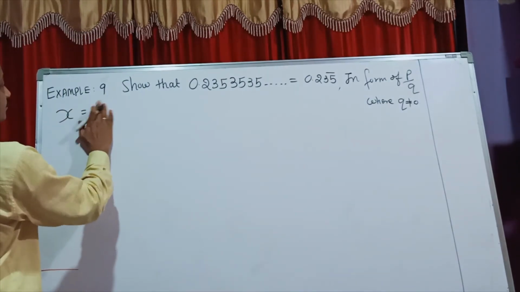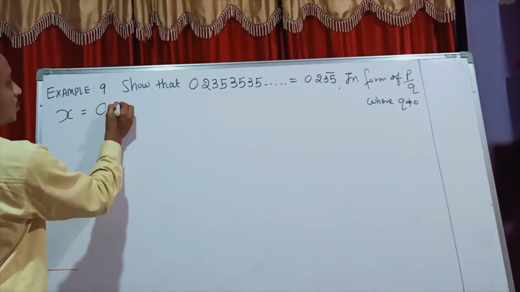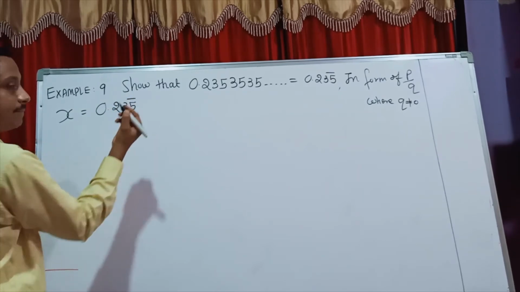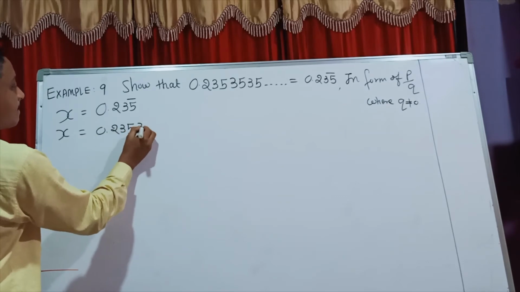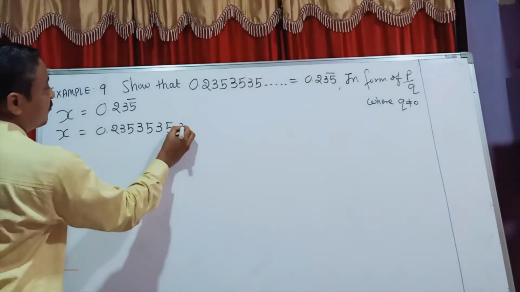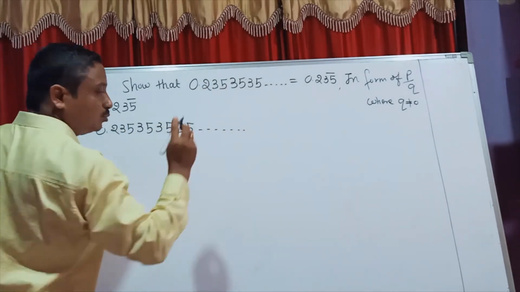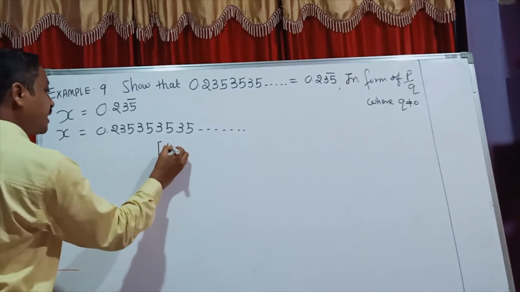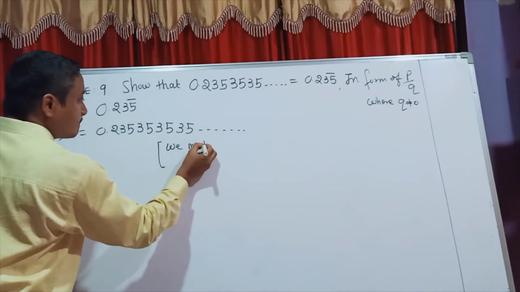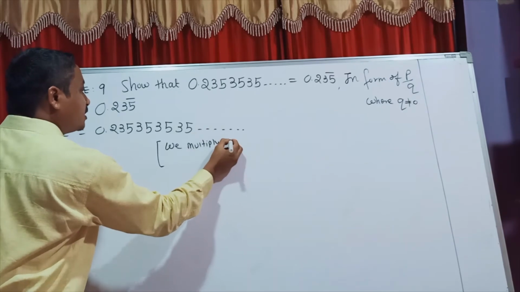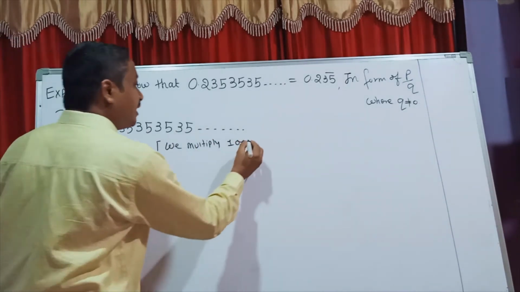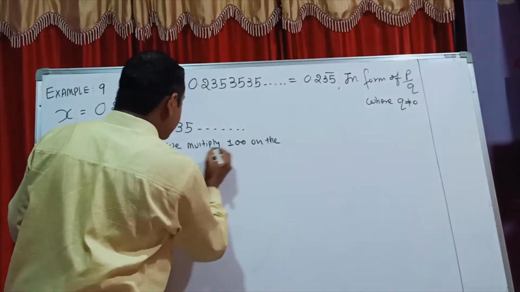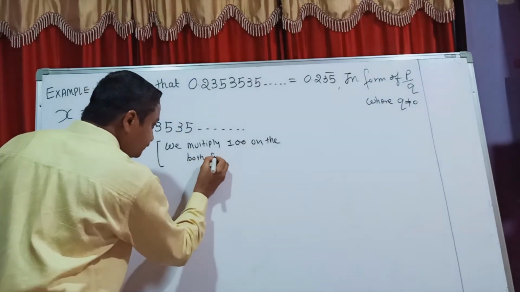Our question is x, 0.235 here bar. So I just getting 0.2 here 35 35 35 35. Continue move ahead. Now we multiply how much? 100. Yes, if you 2 data repeated, then multiply 100 on the both side.